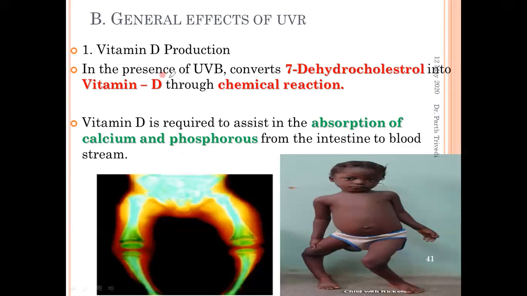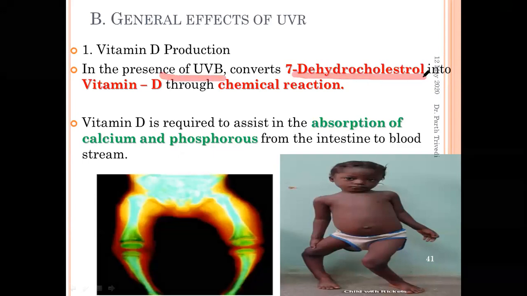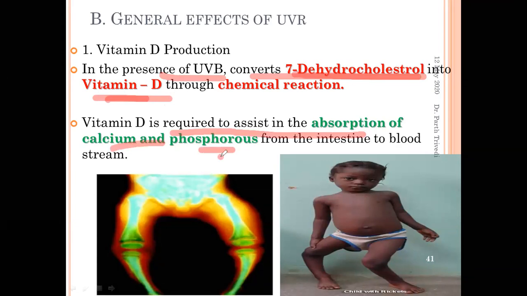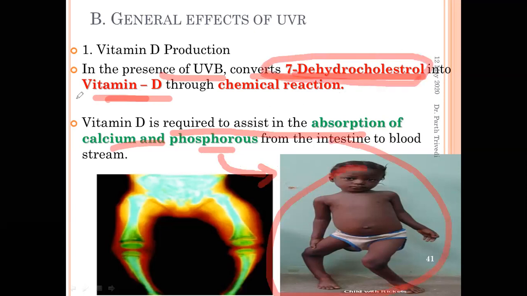In the presence of UVB, 7-dehydrocholesterol is converted into vitamin D, and vitamin D is required in the absorption of calcium and phosphorus. So if you don't have vitamin D, it may lead to rickets. Clear? So this is very important. 7-dehydrocholesterol is converted into vitamin D.